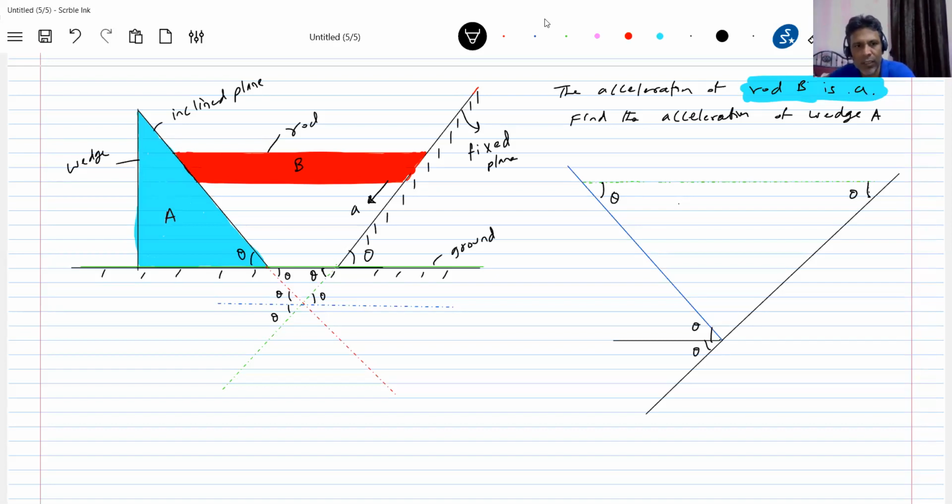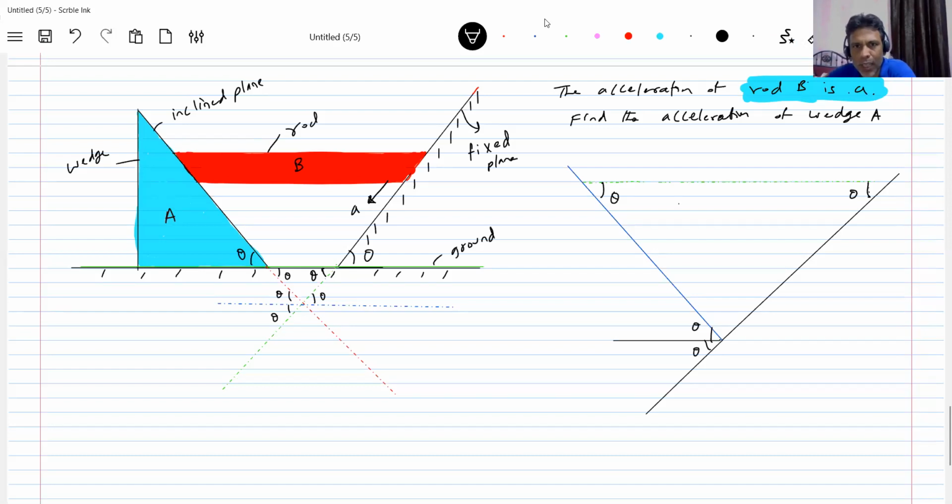Okay, let's come to that one. Now I have to bring one angle. The rod and the wedge are in contact, no? So therefore, the acceleration of the wedge and the rod along the common normal must be equal. So the way to bring the common normal now, that's all about the problem.